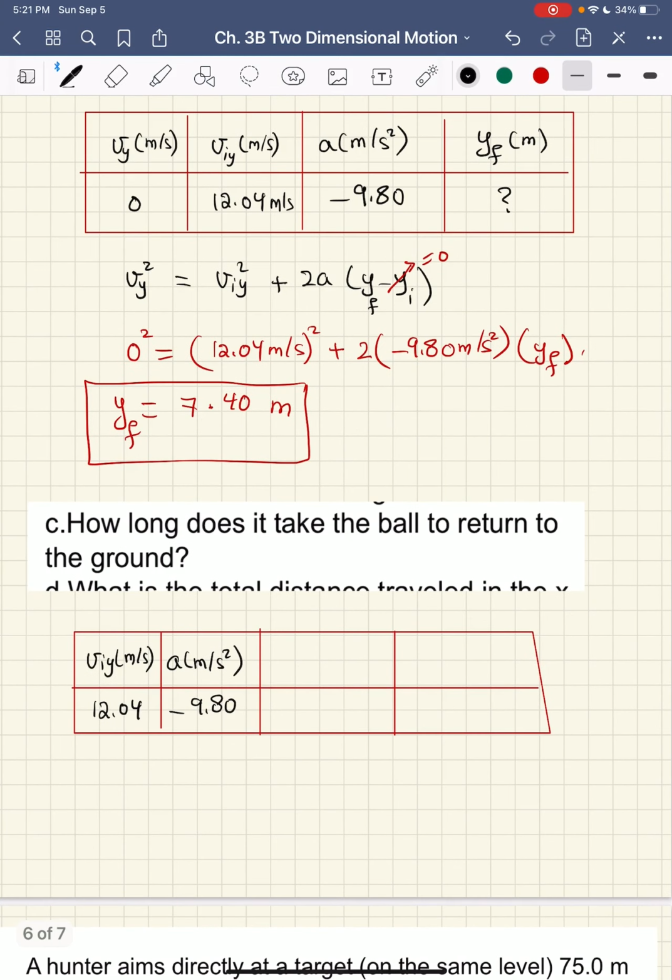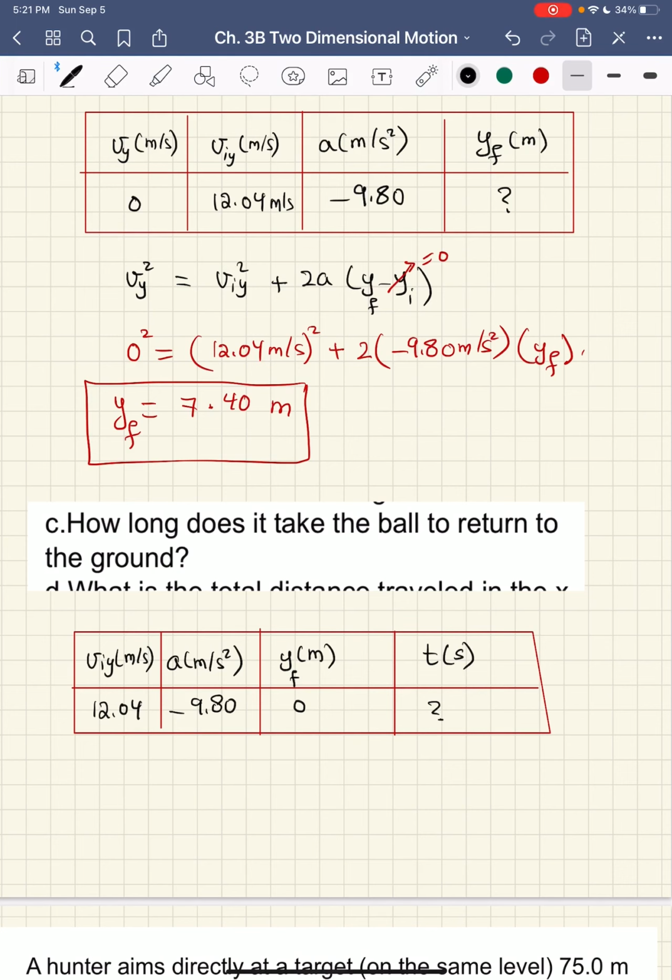What else? When it reaches the ground, the vertical displacement, the y final, is going to be 0, because it will come back to where it was sent. And then finally here, t in seconds is the one that I'm looking for.